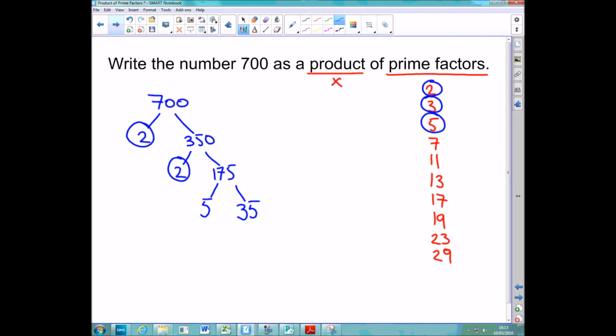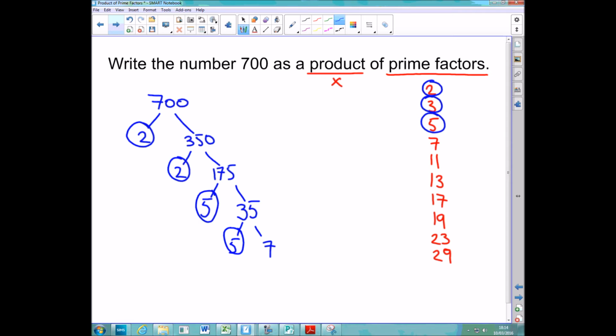Again, at this stage, I'm going to circle the 5 because it's prime, and I'm not going to circle the 35 because it is not prime. Again, I'm just going to quickly think, does 35 divide by 2? No. Does it divide by 3? No. Does it divide by 5? Yes, it does. 5 divides 35 7 times. And again, I'm going to circle any numbers that are prime, and 5 I already know is prime.